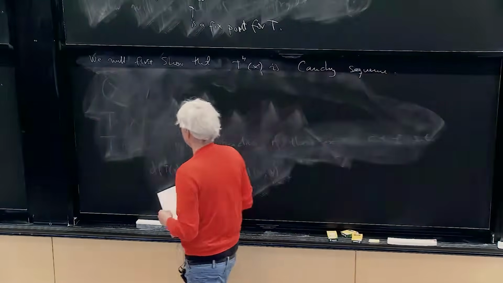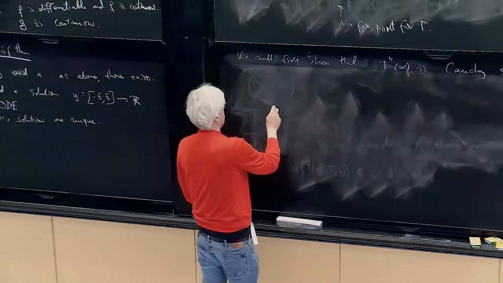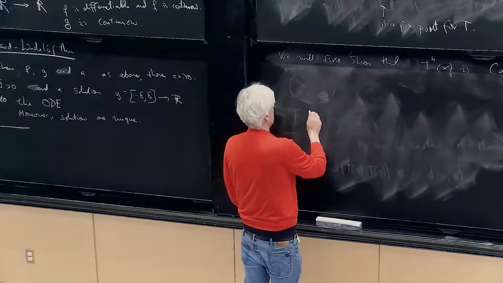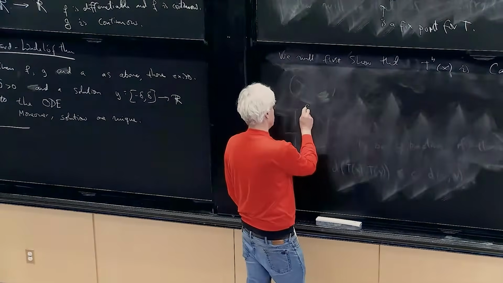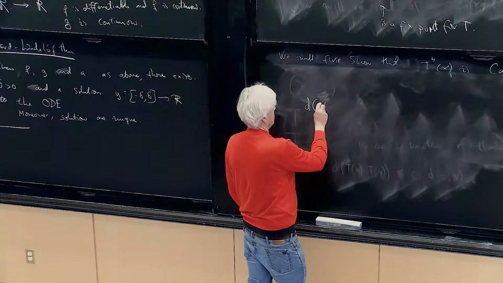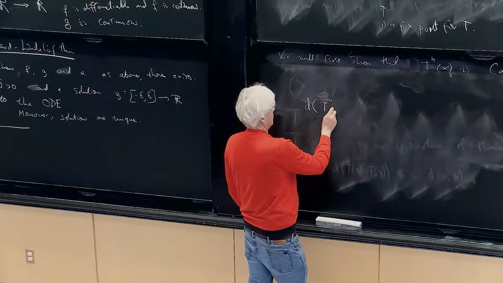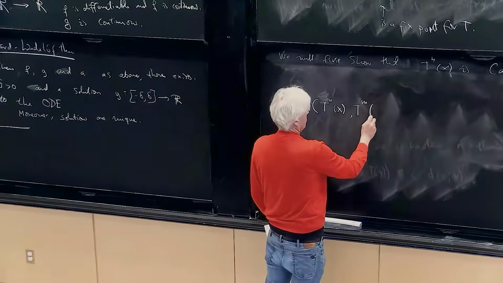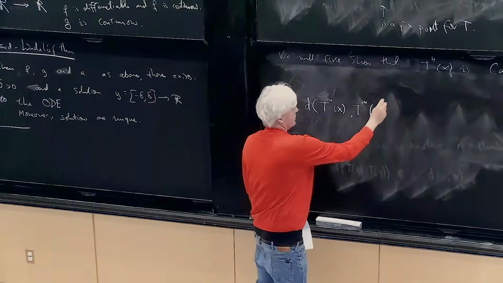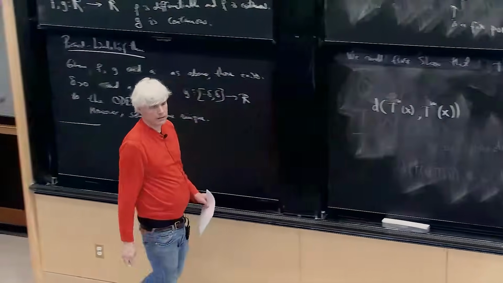Okay, so if you try to prove that something is a Cauchy sequence, then you're looking at the distance between elements in the sequence where both of these elements are sufficiently far out, right? That's what you're supposed to look at.